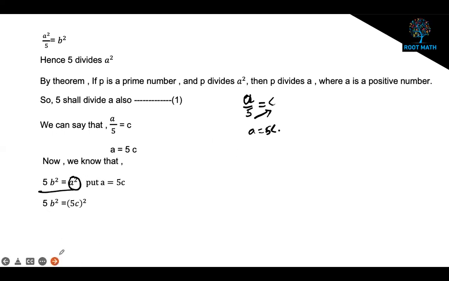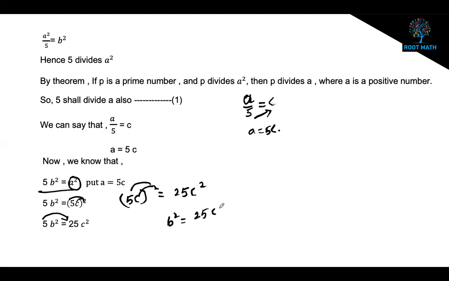When we apply 5c, the whole squared is equal to 25c squared, because you are squaring 5 as well as c. So 5b squared is equal to 25c squared. This 5 will come to the other side, so b squared is equal to 25c squared divided by 5. When you cancel, it will become 5c squared. So b squared is equal to 5c squared, which means that b squared divided by 5 is equal to c squared. That is, the prime number 5 divides b squared.